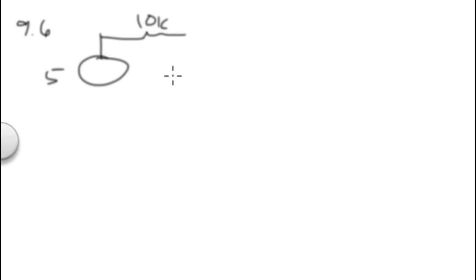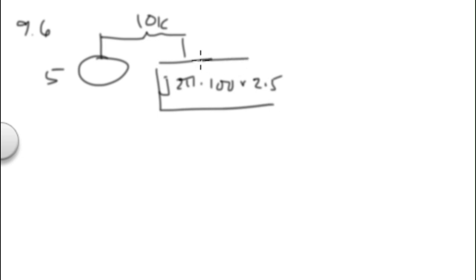So it is J 2 pi times 100 times 2.5, and that gives us our impedance, or Z. So 2 times pi times 100 times 2.5 equals 1,570.